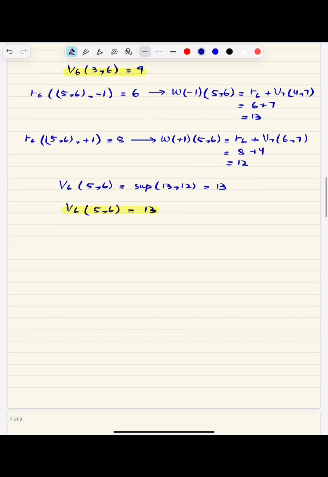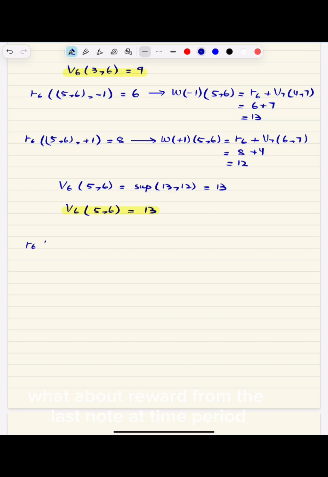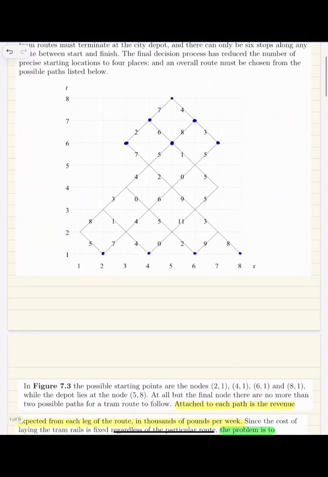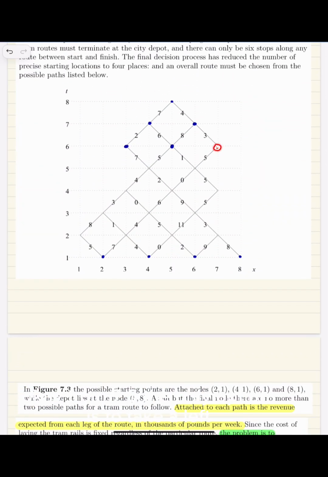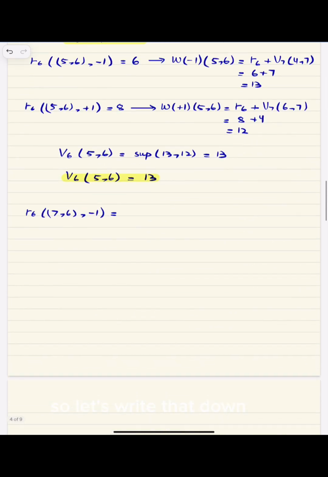Okay, what about the reward from the last node at time period 6, which was a 7 6? There the only option is going left. Let's see what the reward was. From 7 6 the only option is to take a left, and from here the only option is a left again. So the overall reward of taking a left from this node is going to be a 3 plus a 4. So let's write that down.